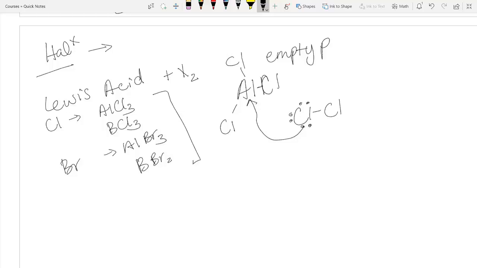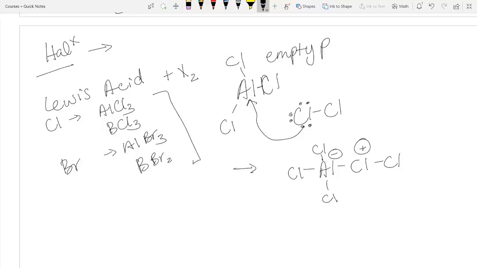Same thing with bromine, and we get this intermediate. That makes this very positive, and it's not terribly stable to have your structure with the aluminum and the chlorine next to each other with these charges.